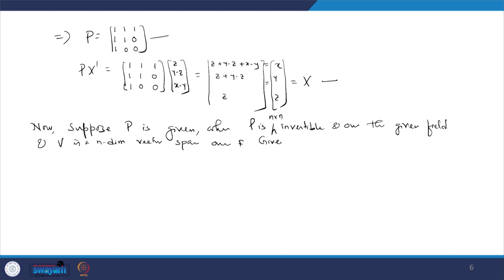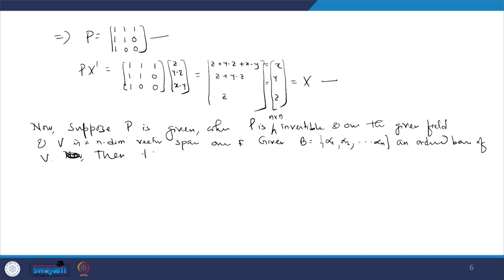it is also given B is equal to, say, alpha 1, alpha 2, up to alpha n, an ordered basis of V. Okay.